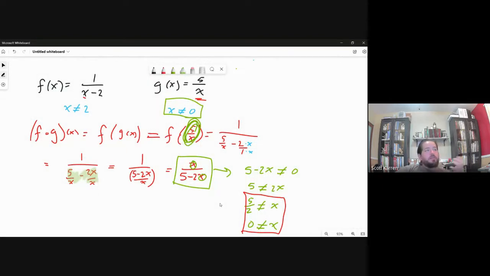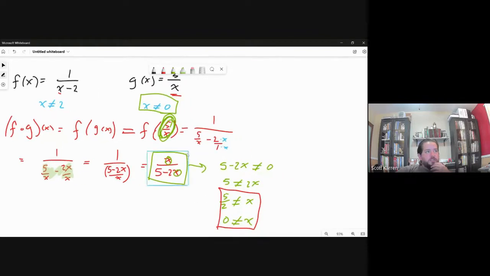We can do the same thing with g of f of x and see if it carries the same kind of restriction. So let's do, I'll start it over here, g composed of f of x is then going to be g of f, which is 1 over x minus 2, plugged in to the x part.